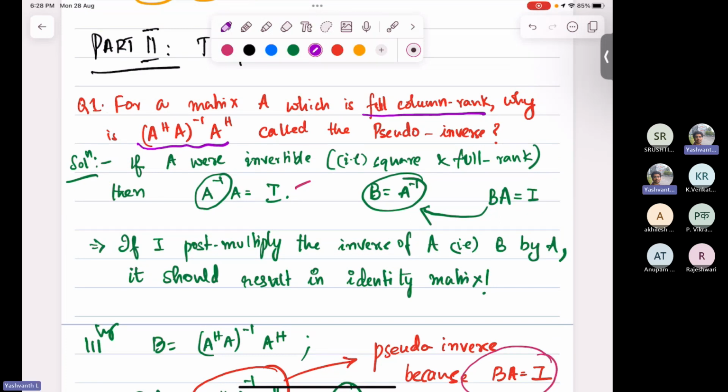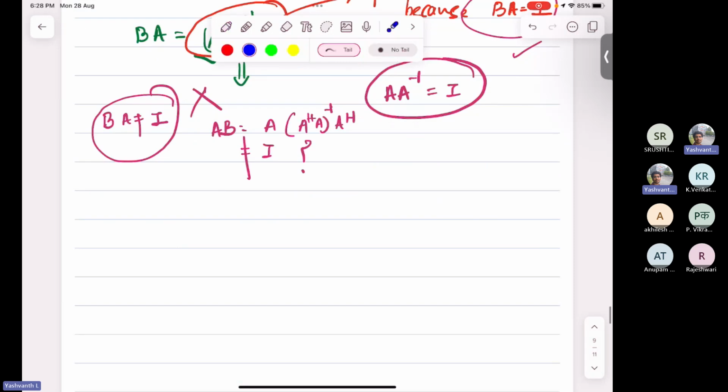And if I want it to be full column rank, what does it mean? The number of rows should not be less than the number of columns. Only then can the full column rank condition be achieved. That is what I'm trying to say: the number of rows should be greater than or equal to the number of columns.